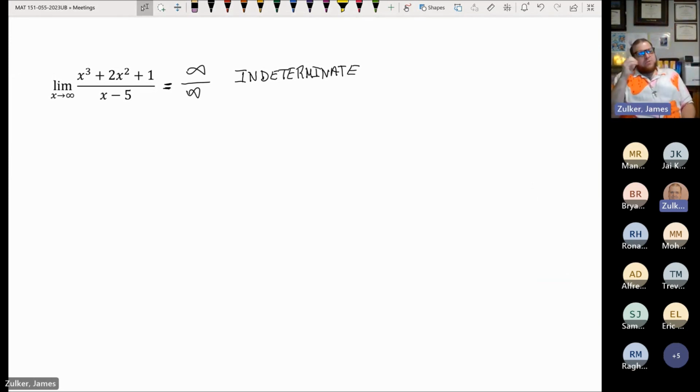The manipulation that we are going to do here is a little bit different than if we got, say, 0 over 0. Now, once you're extremely comfortable with how functions behave, then you should easily see what this limit is. So algebraically, here's what we're going to do.